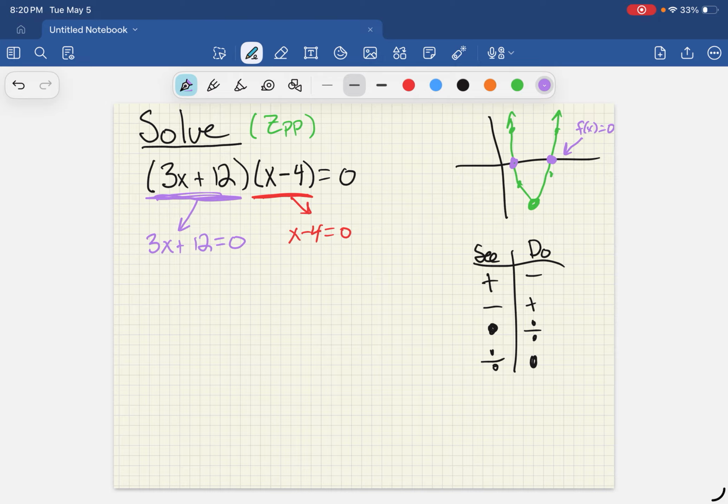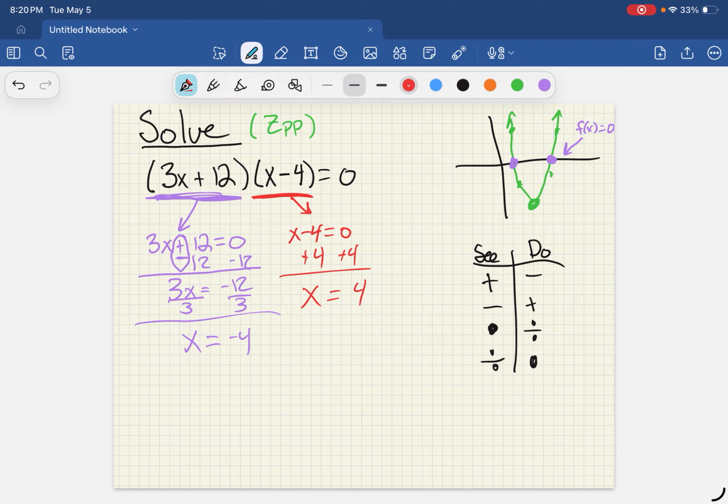So for this purple equation over here, I see addition, so I'm going to use the inverse operation, which is subtraction. I'm going to subtract 12 from both sides of the equation. I'm going to divide both sides of the equation by 3. I get negative 4. Over here, I see subtraction, so I add to both sides.